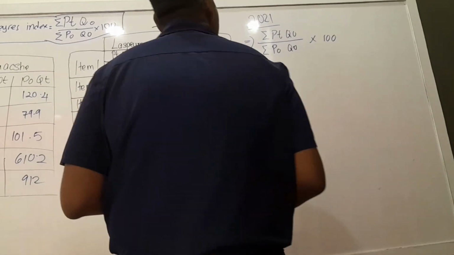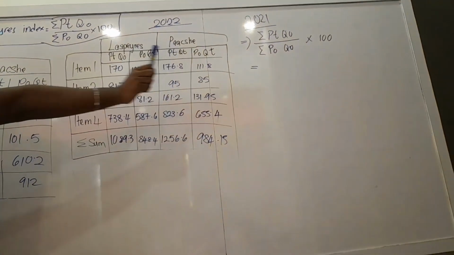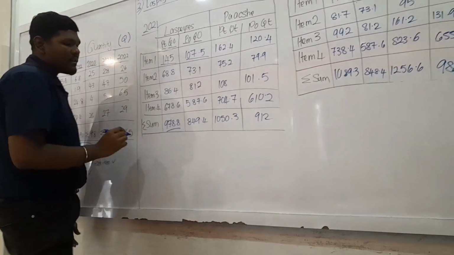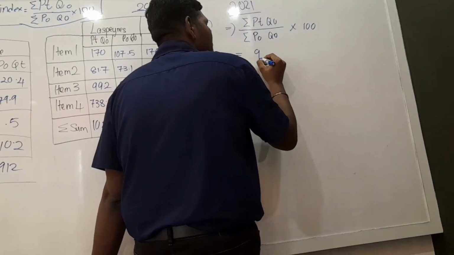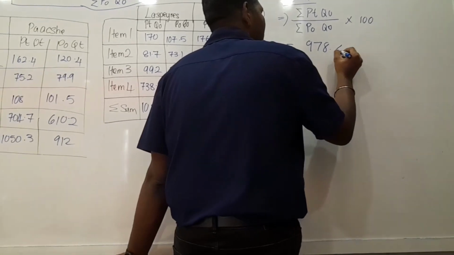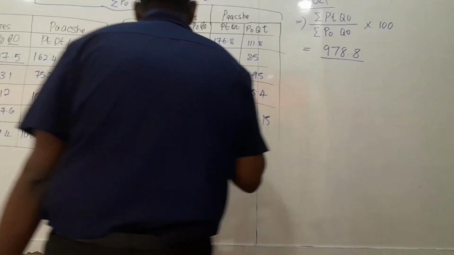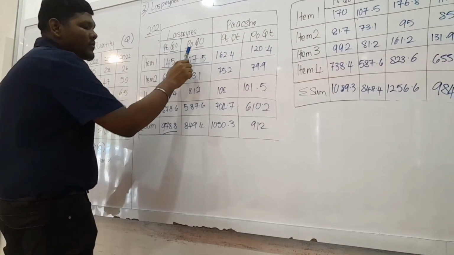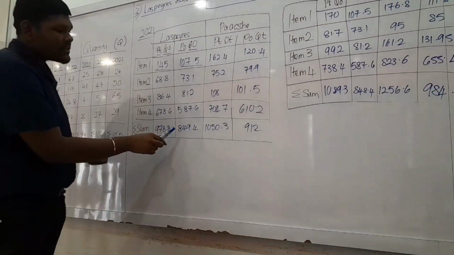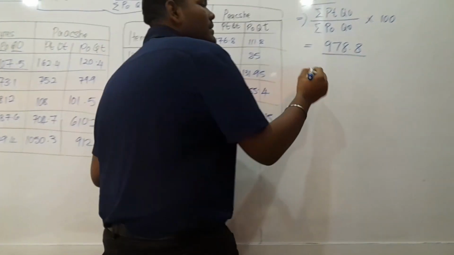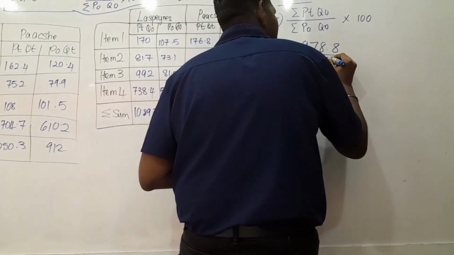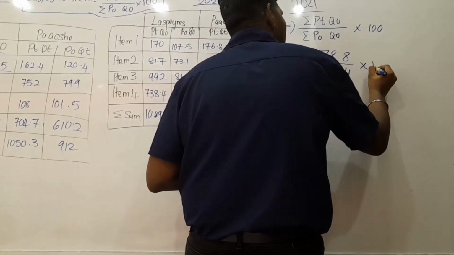Let's see. Sum of PT and QO, this is the sum, 978.8, over the sum of POQO, which is 849.4, times 100.